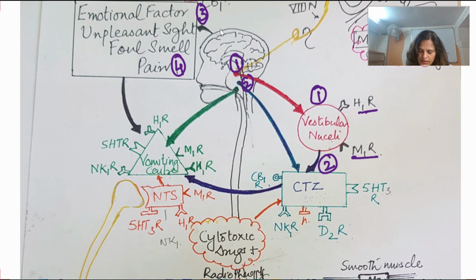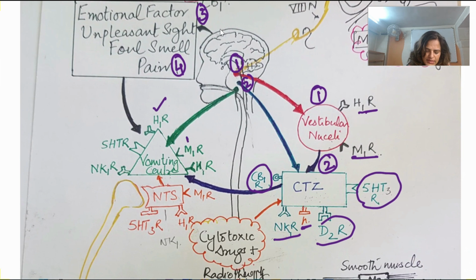On the CTZ there are various receptors: 5-HT3 receptor, dopamine receptor, opioid mu receptor, neurokinin 1 receptor, and the CB1 type cannabinoid receptor. Then on the vomiting center itself, almost all types of receptors are there, like histamine, muscarinic, mu receptor, neurokinin, and 5-HT3 receptor.